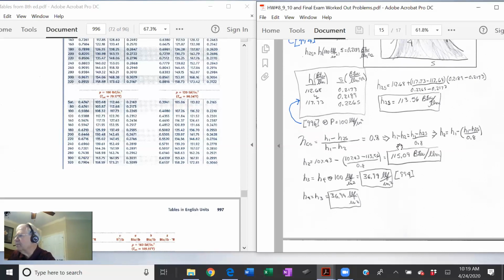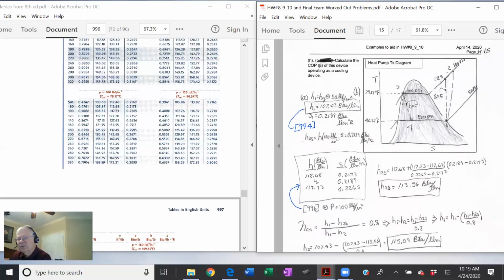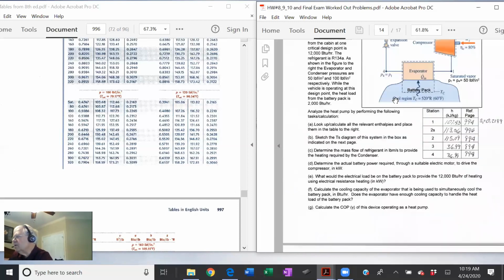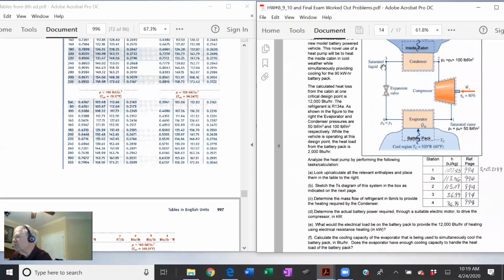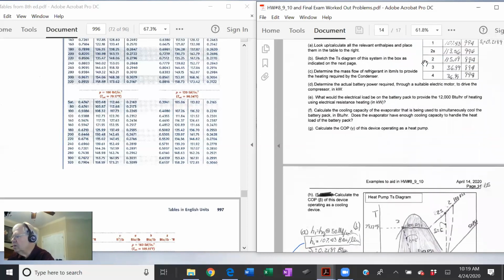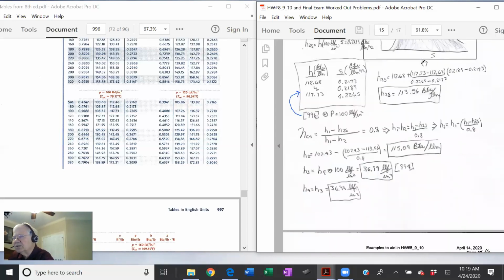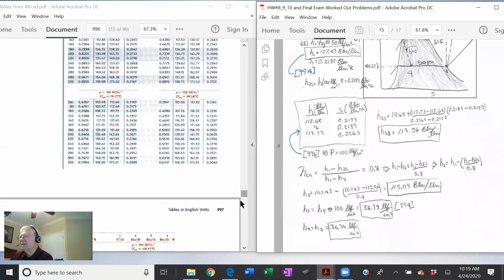H3 is a gimme. H3, and I think I tell you up here, saturated liquid at 100 psi. This is constant pressure. P2 is equal to P3 is equal to 100 psi. Be sure and read these little notes carefully. So I know H3 is just a straight lookup at 100 psi.